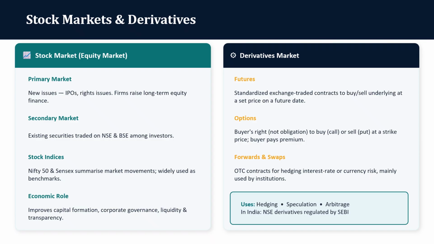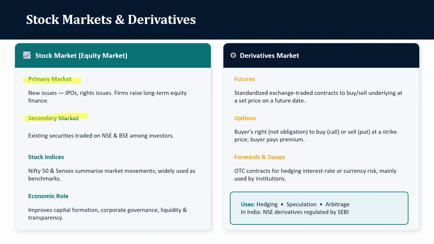Okay, now let us visit stock markets and derivatives, which connects the theory we have learned to actual market institutions. The stock market or equity market is where ownership of companies' shares is issued and traded. It has two main parts, the primary market and the secondary market.